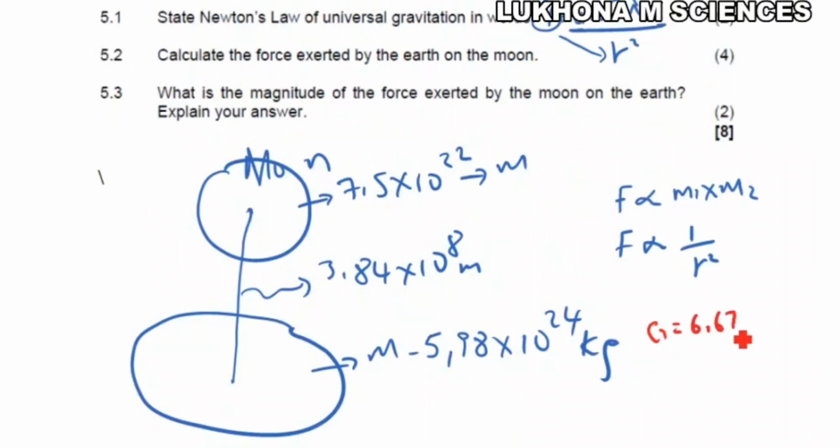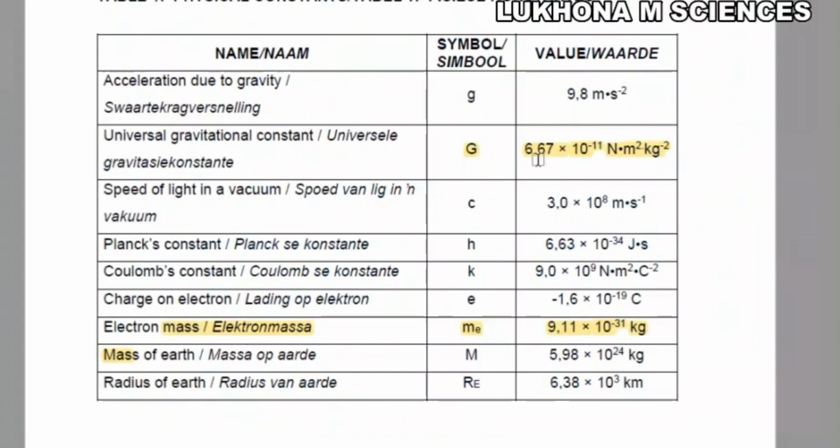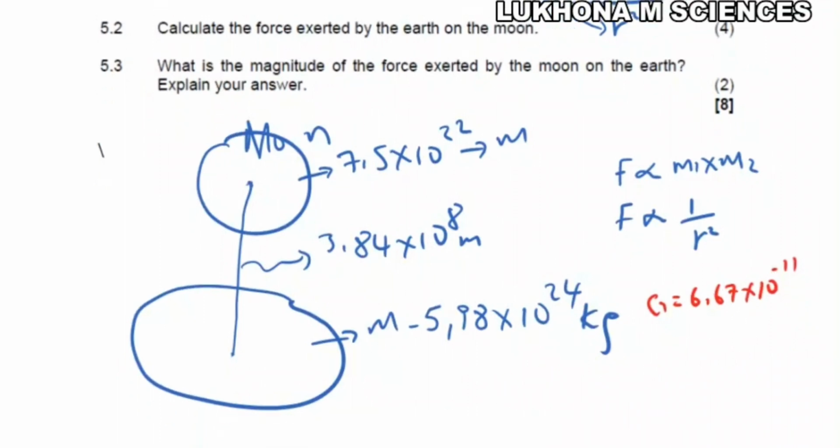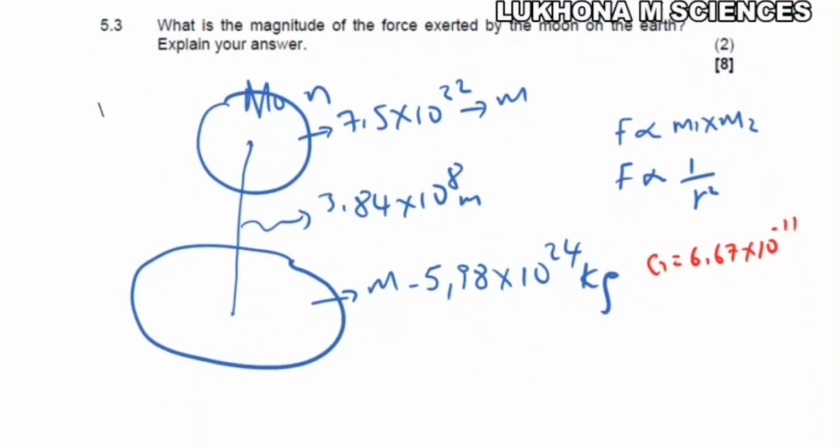That is G. Let me confirm, 6,67 times 10 to the power negative 11. Now let's calculate, that is 5.2.